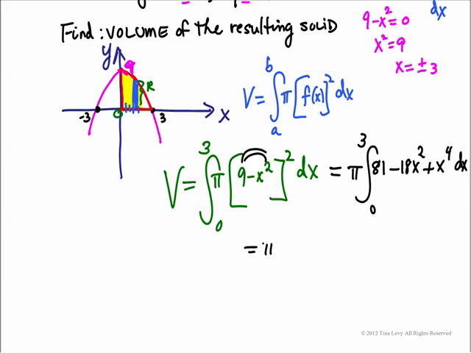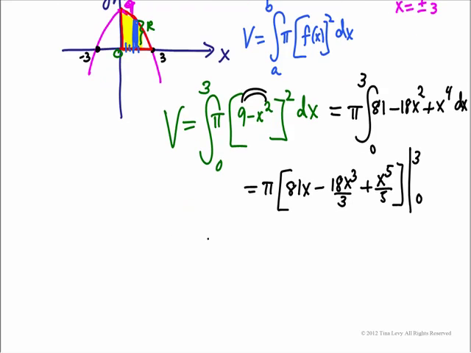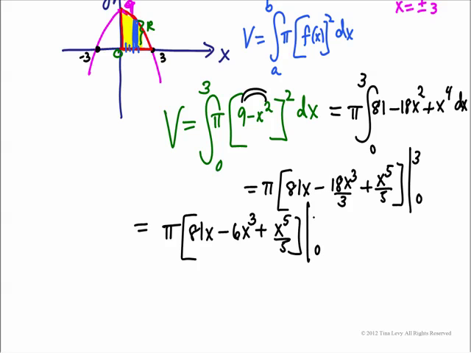We get pi times 81x minus 18x cubed over 3 plus x to the 5th over 5 from 0 to 3. And I like to reduce before I start substituting. So this is pi times 81x minus 6x cubed plus x to the 5th over 5 from 0 to 3.